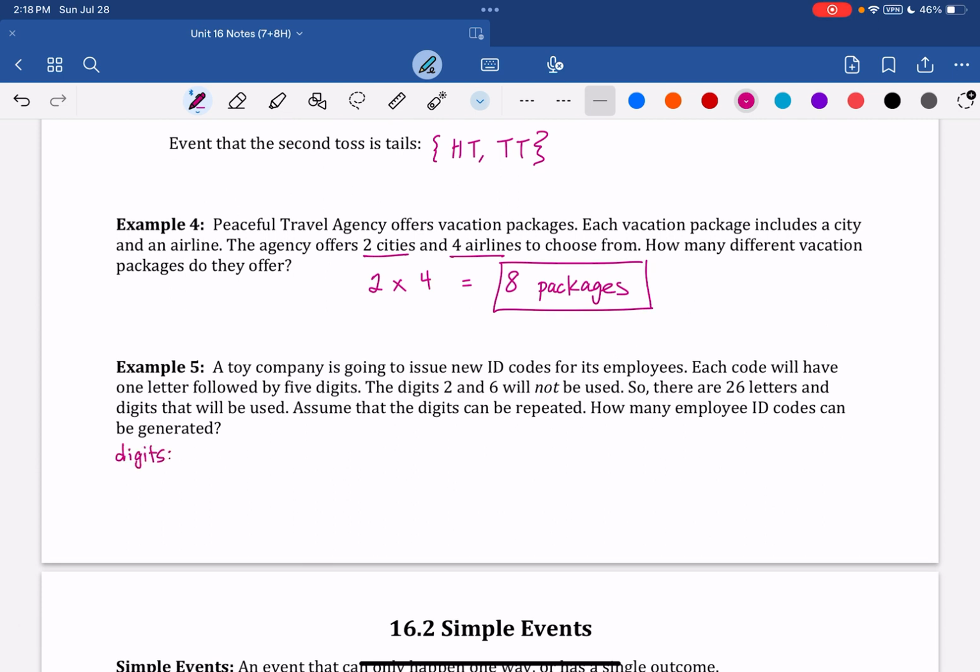Well, a single digit is 0 through 9, and we can't use 2 and 6. So the digits we can use are 0, 1, we can't use 2, 3, 4, 5, can't use 6, 7, 8, and 9. So that means there are 8 possible digits.